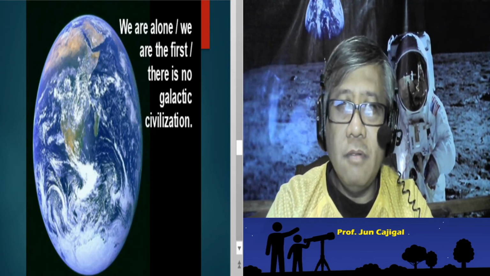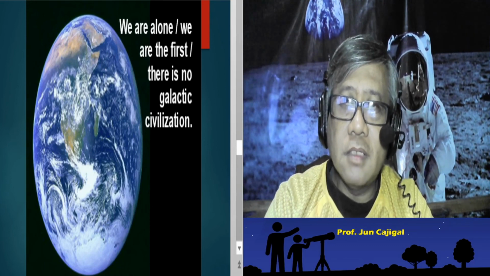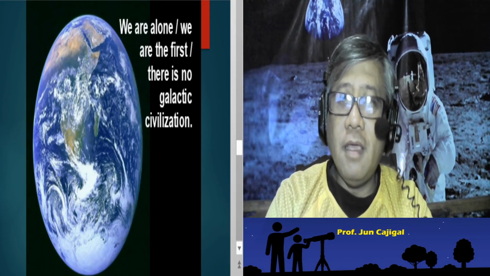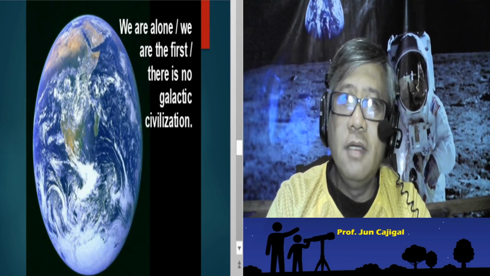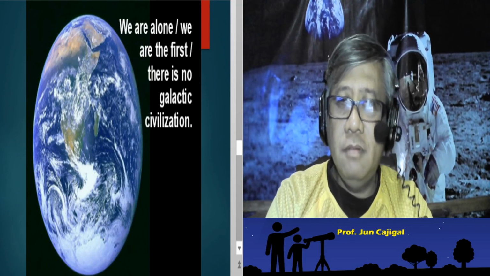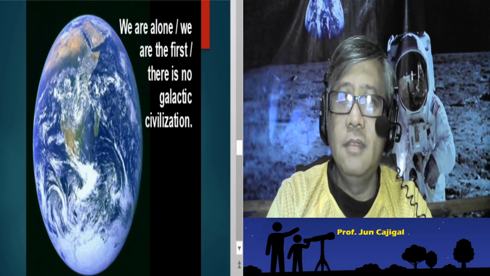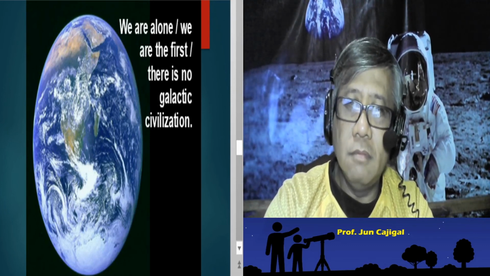We are the first, and there is no galactic civilization. We haven't encountered any aliens, my dear netizens, because we are alone here in the universe, and there is no galactic civilization.